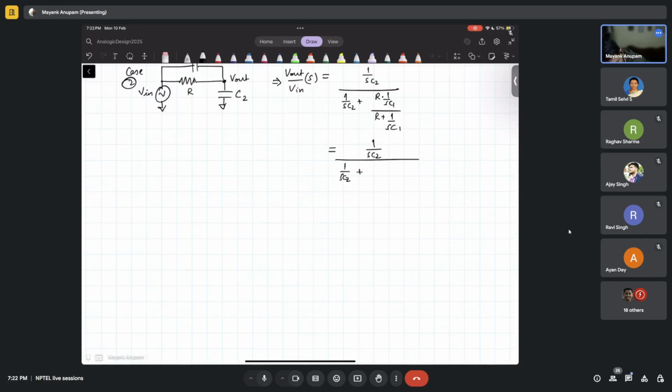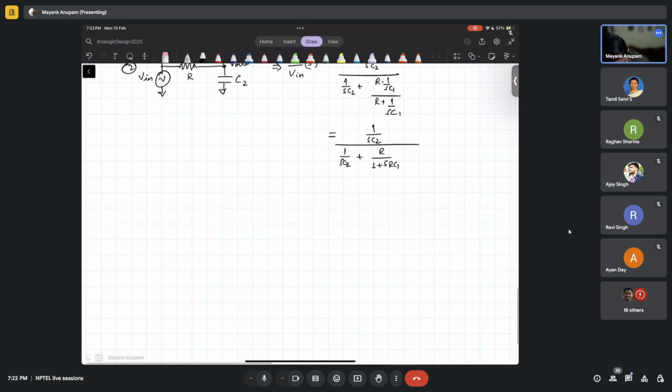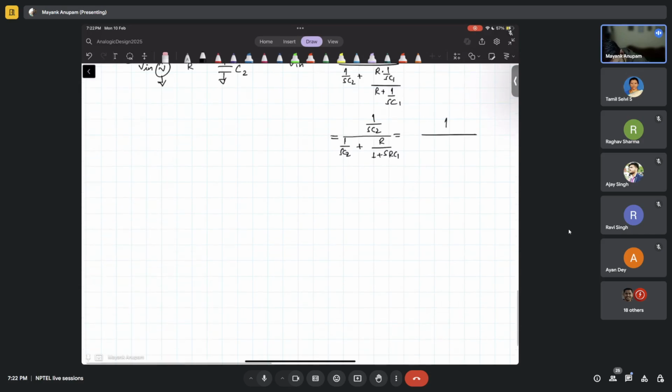It will be R divided by 1 plus SRC1, and so this will look like what? 1 over, so 1 plus SRC1 plus SRC2, right?